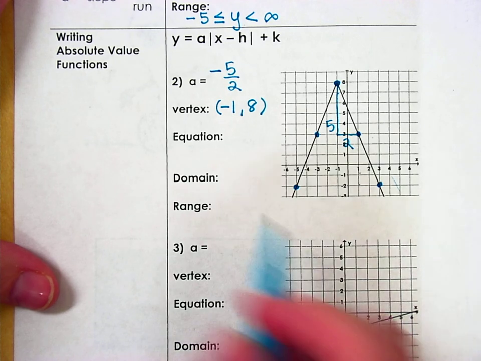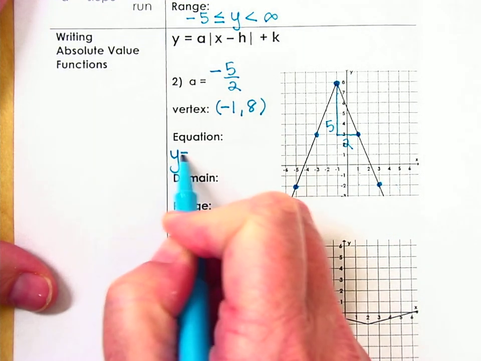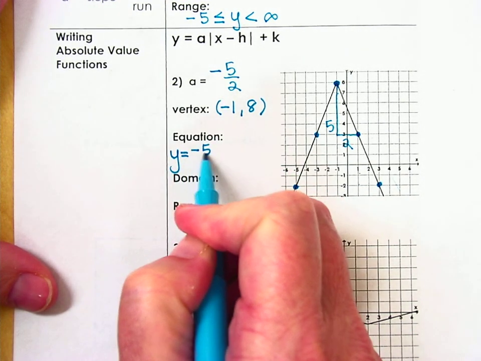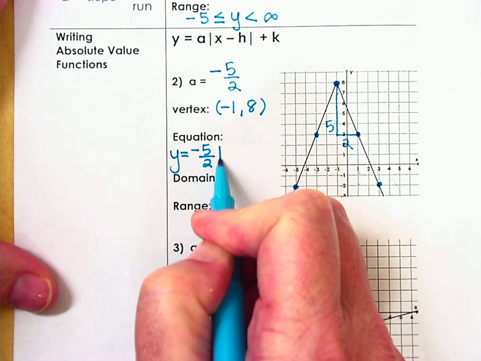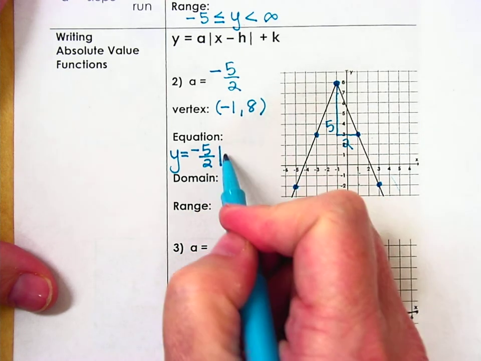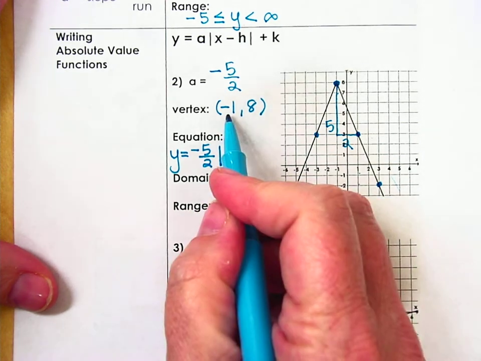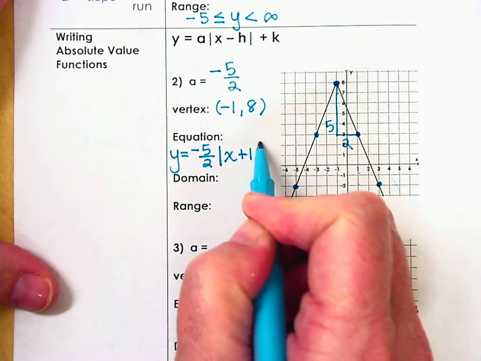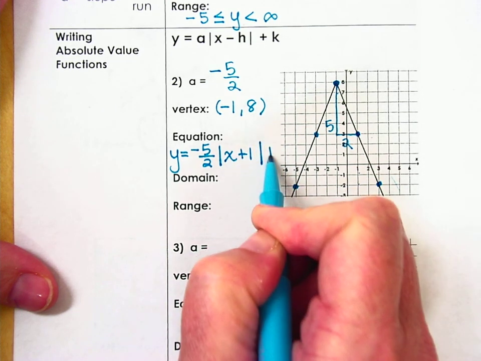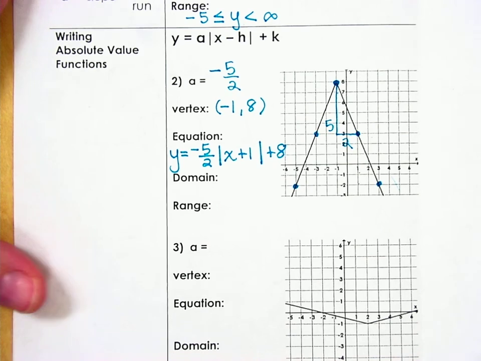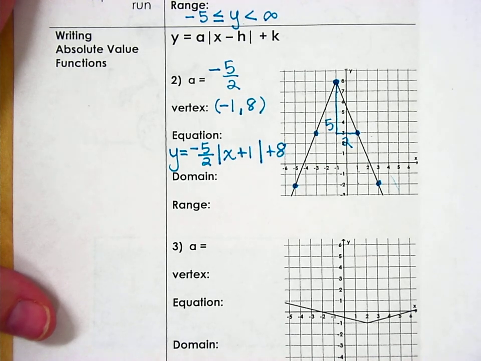So to get the entire equation then, y equals -5/2, then we need that absolute value bar, x, and then insiders lie, so +1, absolute value bar, and then +8. And there's my equation. And then I can go ahead and identify the domain and range.